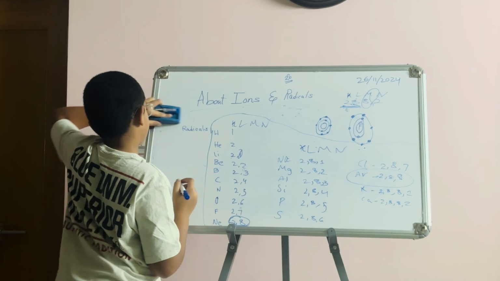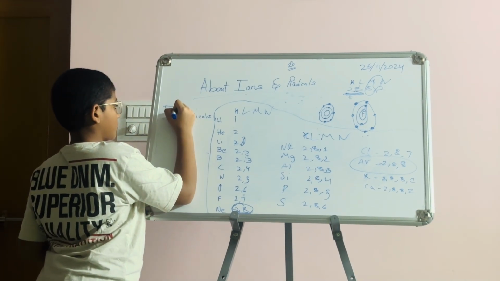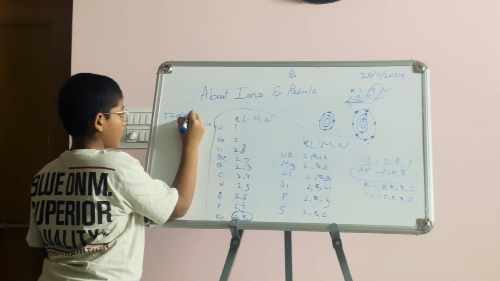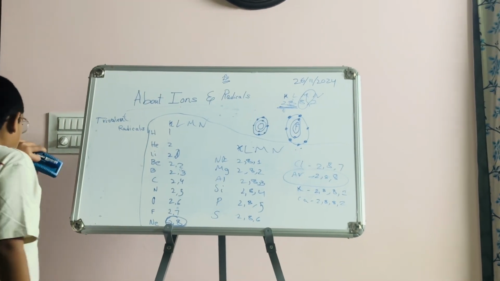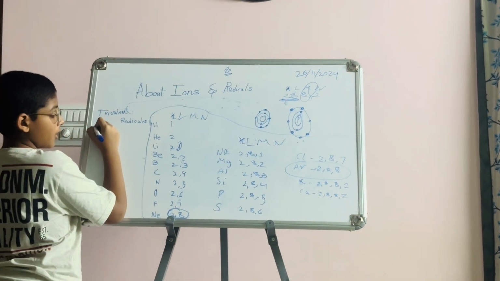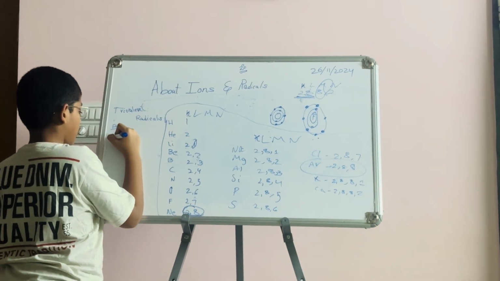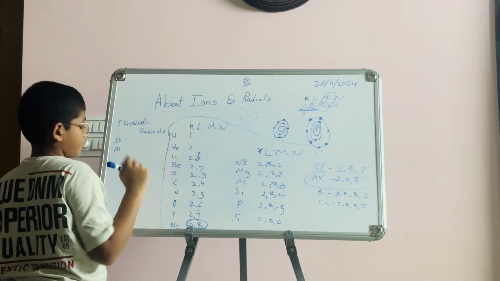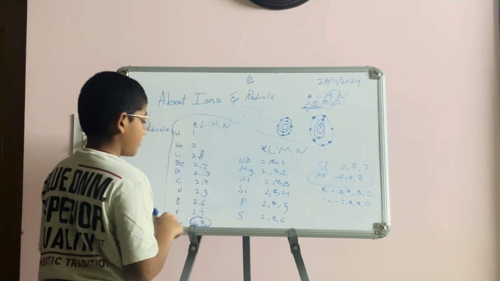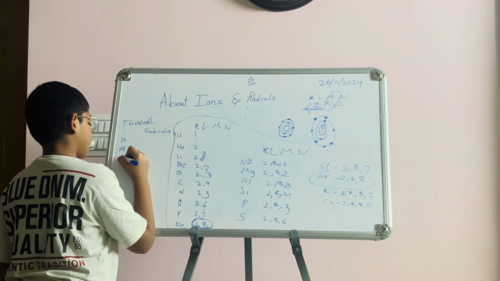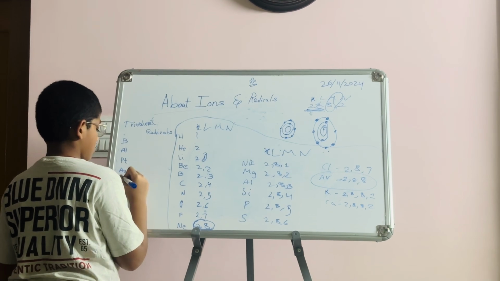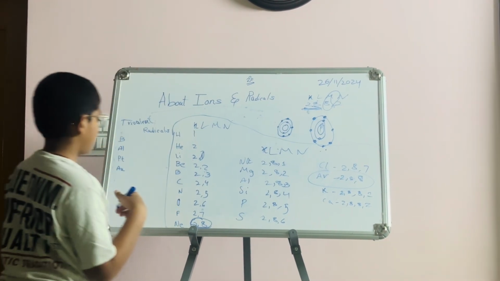Trivalent. Positive, until now positive. Trivalent positive radicals. We have boron, aluminium, platinum, gold, and so on.